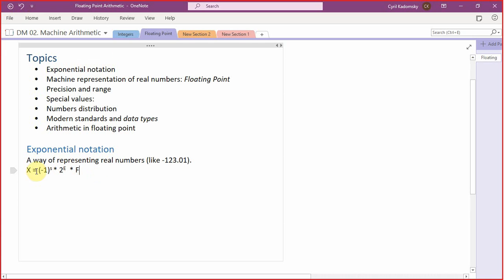Let's give the definitions for these parts and give an example. So any number is represented with this formula.